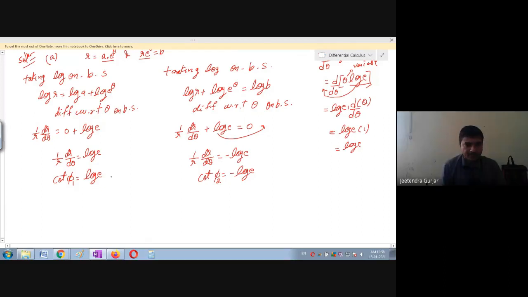Very good. So you can see this is 1. Here, this is going to become minus 1. So this is our angle between the curves. We can find phi 1 is equal to cot inverse 1, or phi 2 is equal to cot inverse minus 1. So these are the angles.